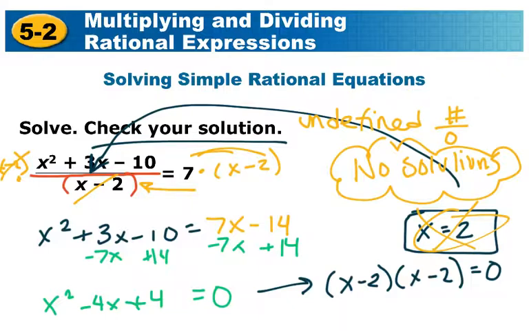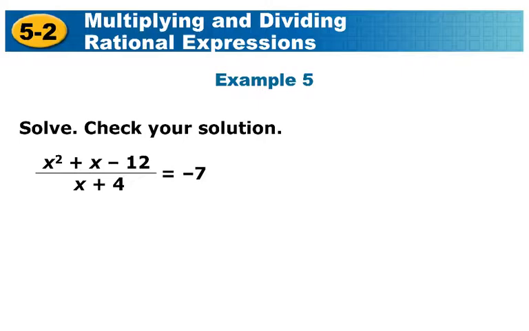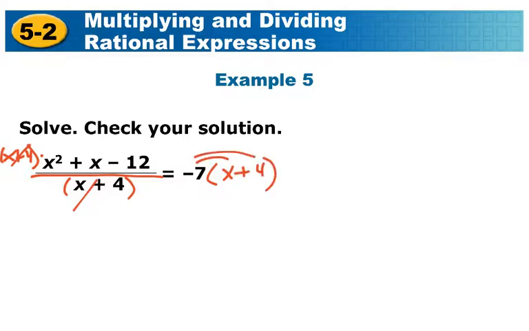Alright? And so we'll do one more just like this. Again, the idea is that this is being divided by this factor, and so we can go ahead and multiply by that factor to both sides. Distribute, and we're going to end up with x squared plus x minus 12 equal to negative 7x minus 28.